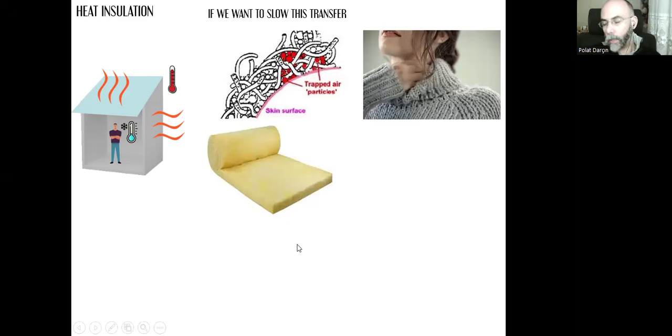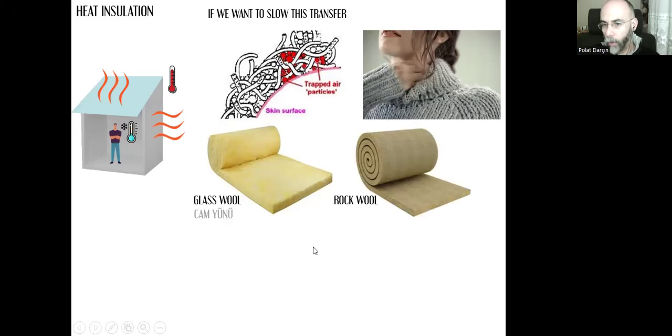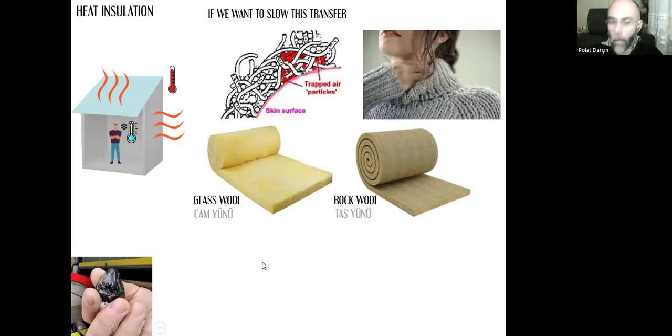Just like these wool jumpers or blankets, we have glass wool or rock wool, cam yünü, taş yünü in Turkish. They are like thick blankets, very thick blankets made out of actual glass or some sort of volcanic rocks.